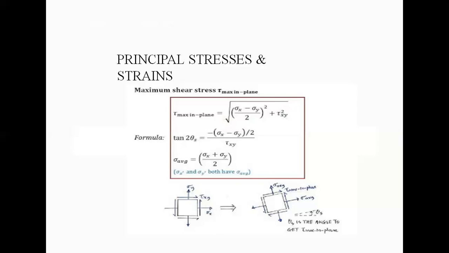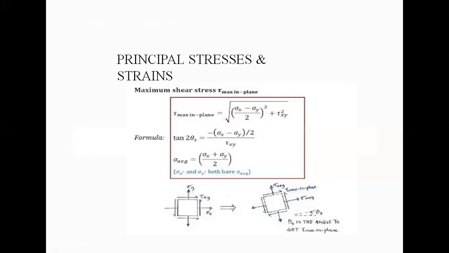This is the complementary tau xy, the complementary shear stress. Complementary shear means one component will be in this direction and another component in this direction, resulting from two equal and opposite forces. As we have earlier discussed, shear stress acts along the planes of the body.